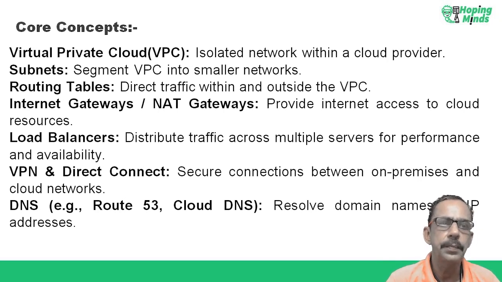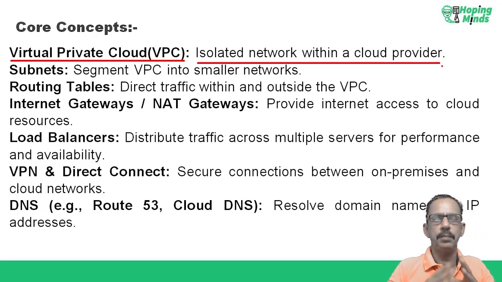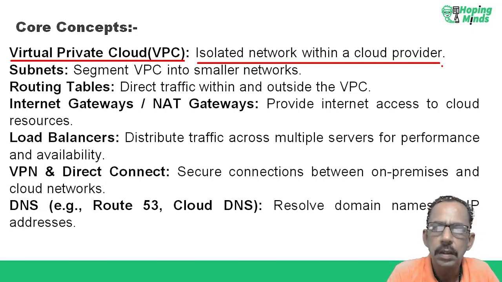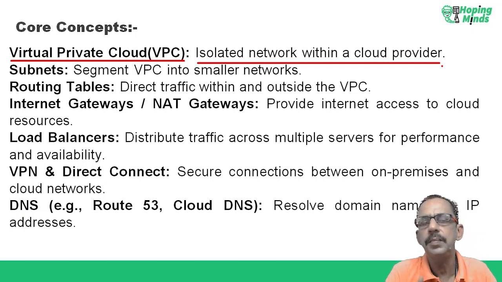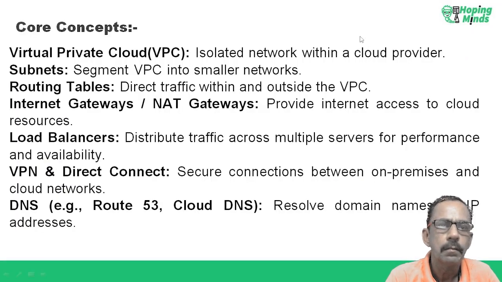So the core concept, very first thing, is the VPC. It is an isolated network within a cloud provider. So very first thing before creating the resource is the VPC. Inside that VPC you can create resources. As I have explained already, it's just like a building.